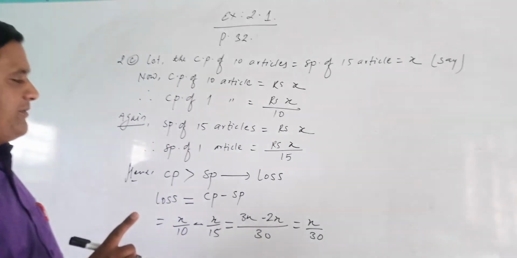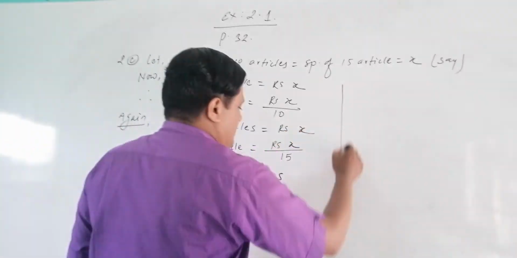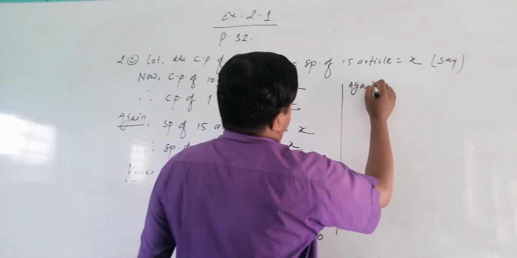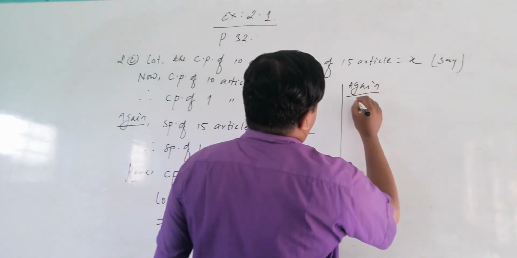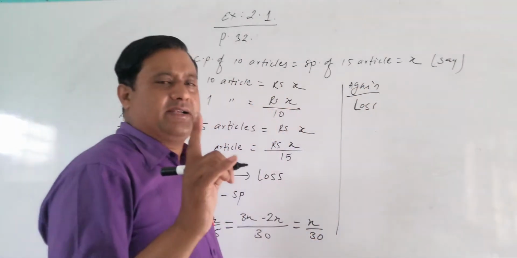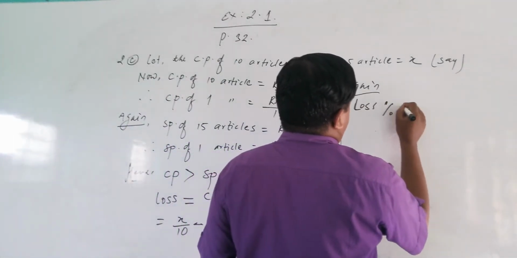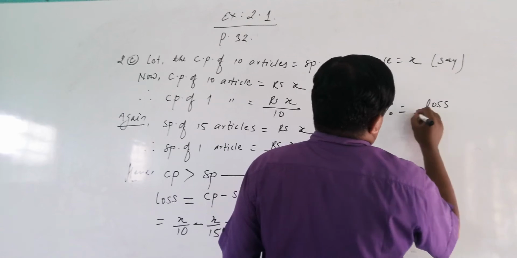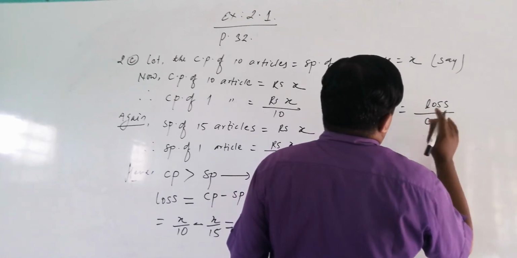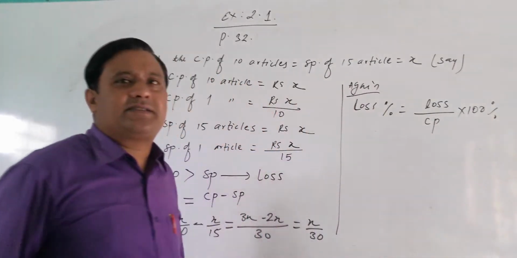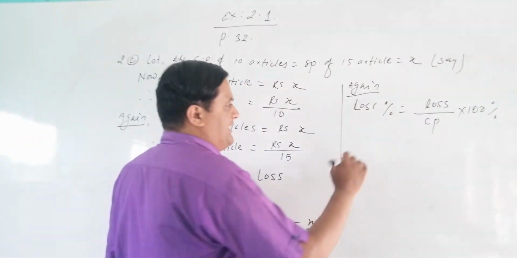Now we have to find the loss percent. You can do the loss percent directly, but you may not understand, so I am telling you this long process. Loss percent equals loss by CP into 100%.